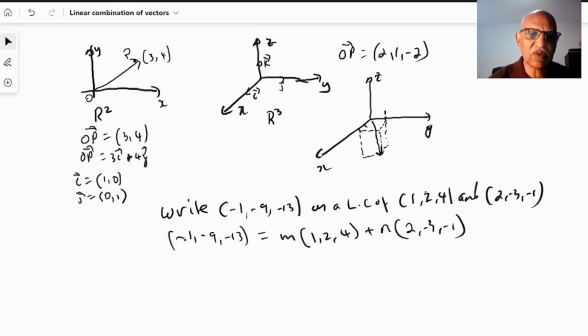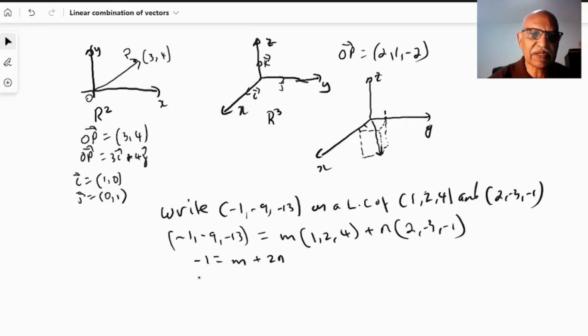So the first number, which is -1, must be equal to m times 1, m plus 2n.